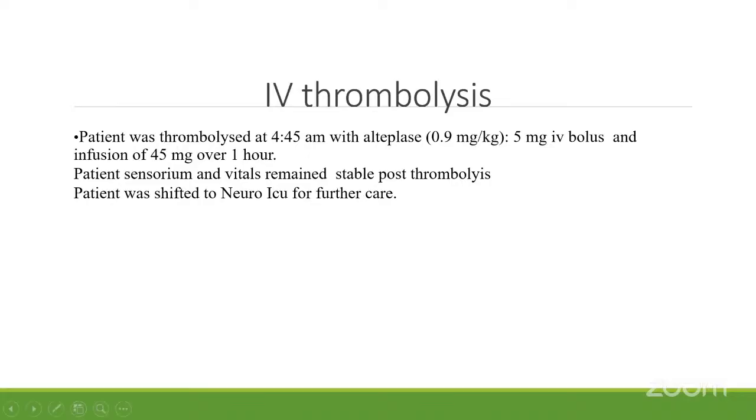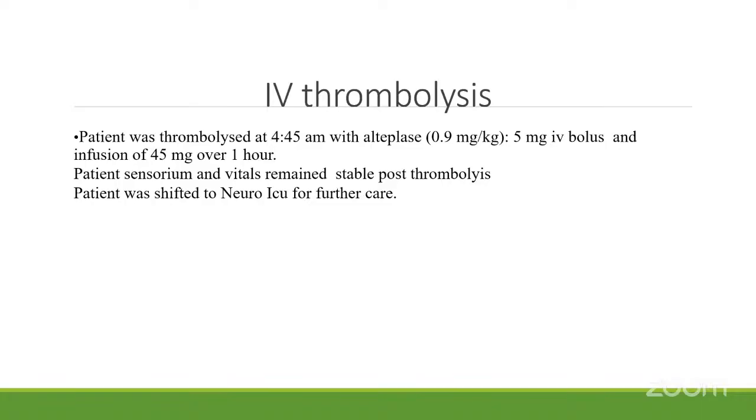If there is, then only you do these blood investigations to prove the thrombocytopenia, INR high and all. And most of the cases are relative contraindication. The idea is to save as much brain as possible and do thrombolysis for as many as possible. That's what we are trying to arrive at.